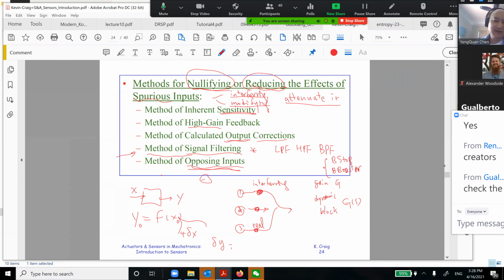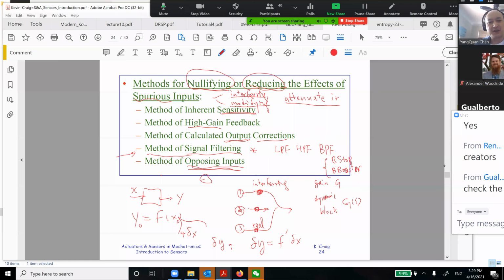Do you know how to do that? I think you learned this from calculus, right? So delta y is what? It's f prime times delta x, right?